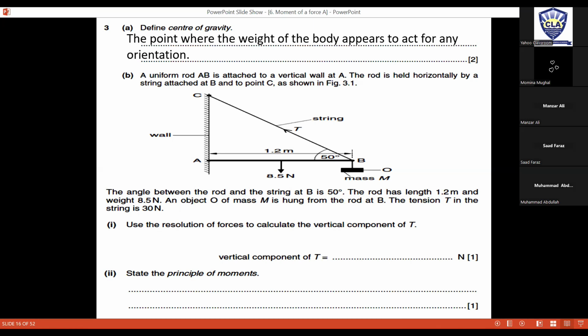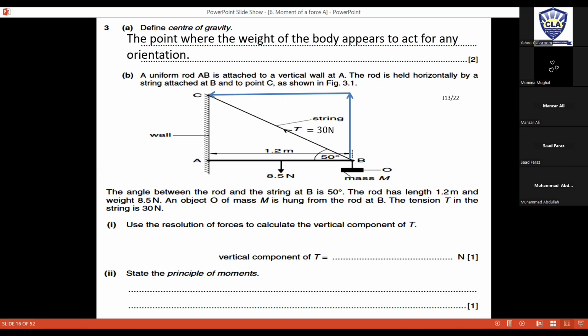Now we have a similar question where we have a rod which is supported by a string. This time the tension in the string is given to us as 30 newtons, and the mass attached at the end is not given to us. They ask us what is the vertical component of tension. So tension is 30 newtons.